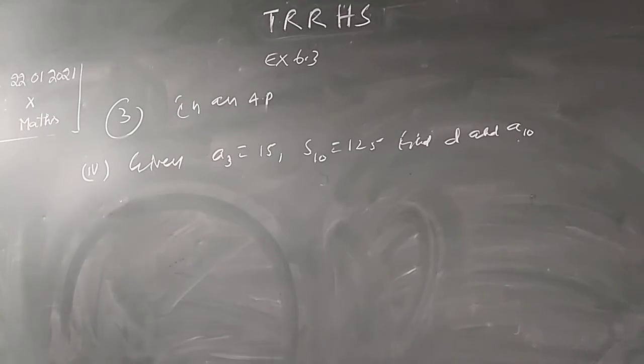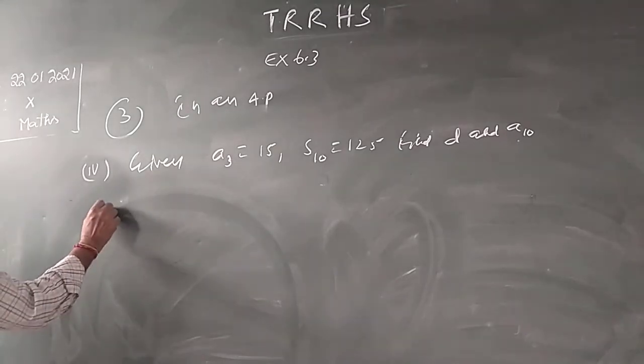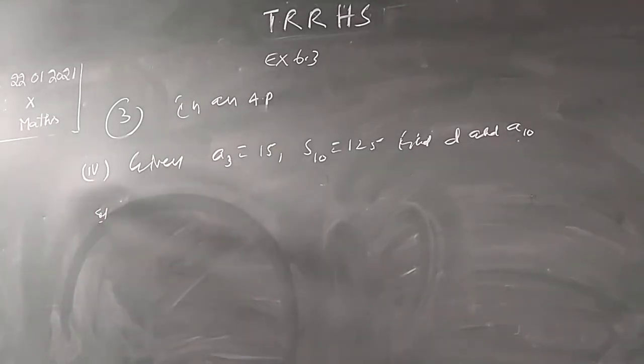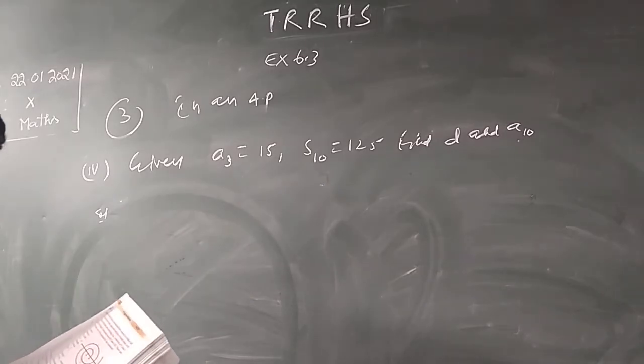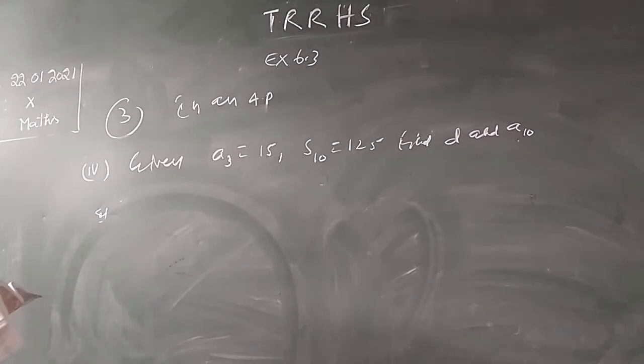Here A3 and S10 are given: A3 is 15, S10 is 125. Find D and A10.